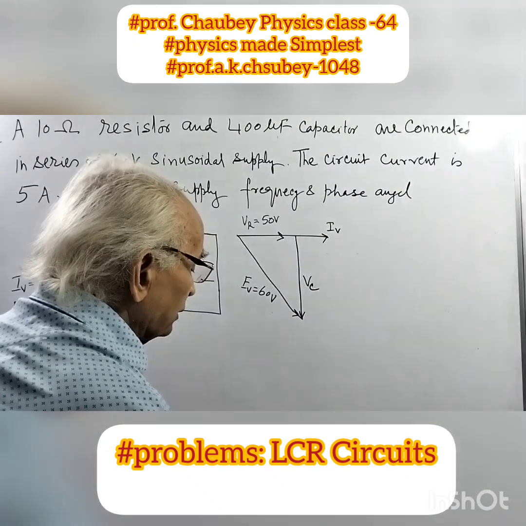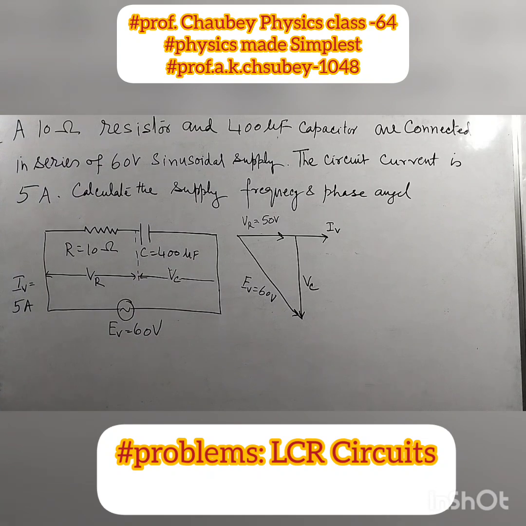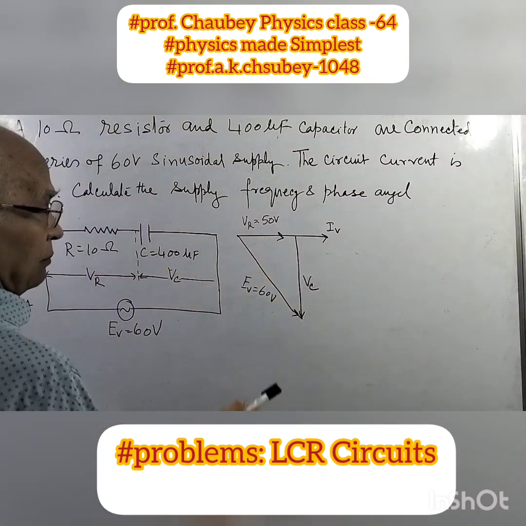I have shown this problem in a diagram. This is the supply voltage connected to R and C. The values are given here. The voltage here is VR and the voltage here is VC. And current is 5 ampere. This is the phasor diagram.